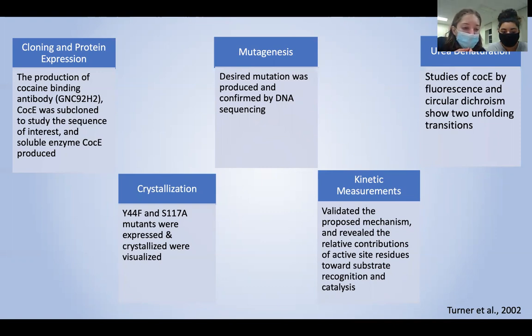And then circular dichroism spectra were also collected on an AVIV 60DS polarimeter, and the final enzyme concentration was determined to be 7 micromolar. Both of these procedures' data were fit to a double sigmoidal plot, and the studies of cocaine esterase by fluorescence and circular dichroism show two unfolding transitions.